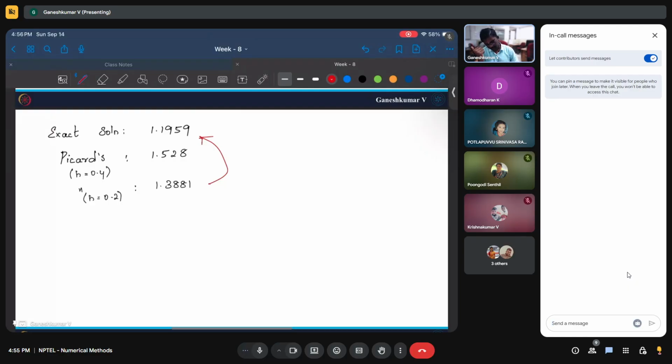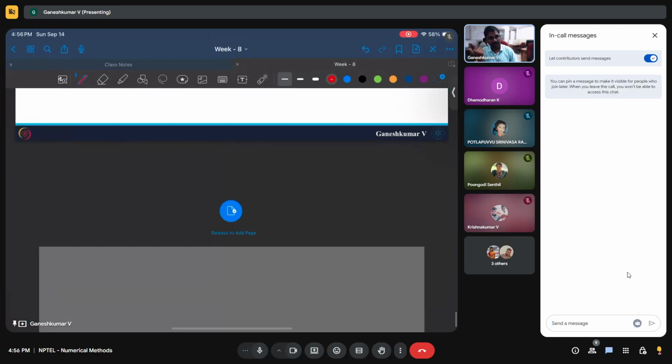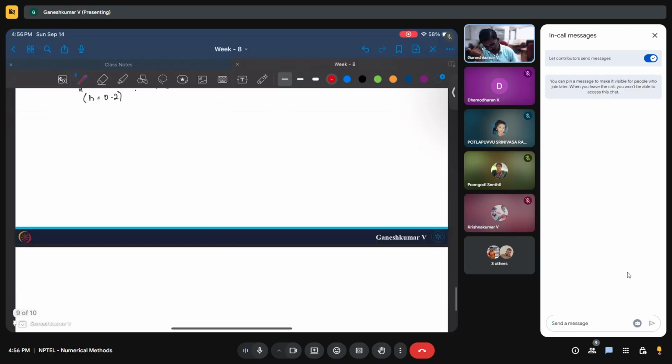Now let's do Euler's method, and then we'll see RK methods also, and you will understand their advantages basically. So first, let's do Euler's method. In Euler's method, as I said, you will have only the function evaluation.